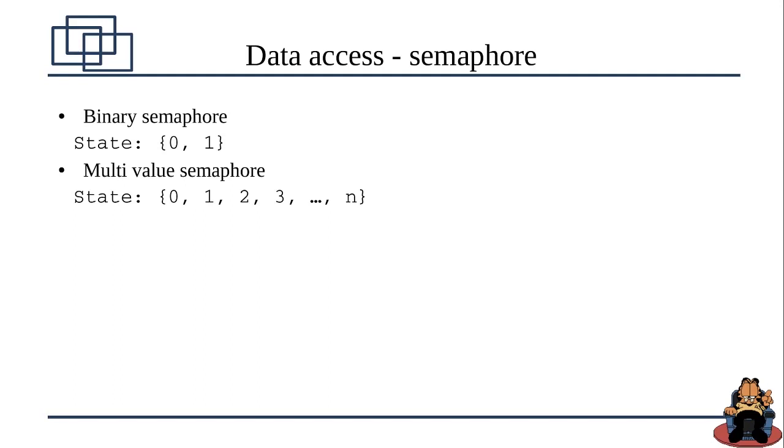A binary semaphore allows you to limit the access to only one thread, and when you are using a multi-value semaphore, you can allow multiple threads to enter the critical section. It's sometimes useful, but in most cases we will use a binary semaphore.